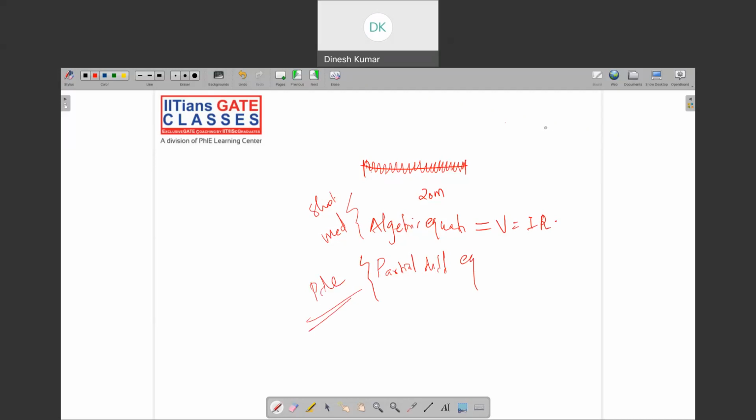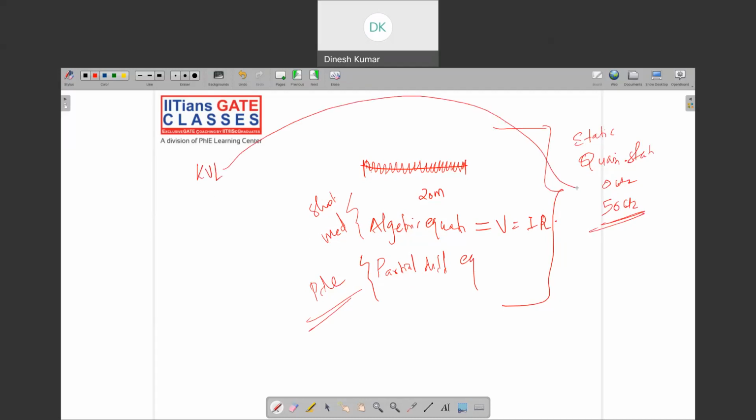So all the network analysis that you are studying is applicable only in static or quasi-static conditions. Static means 0 hertz, quasi-static means 50 hertz, right? In these conditions, KVL is valid only in this particular region, static or quasi-static.